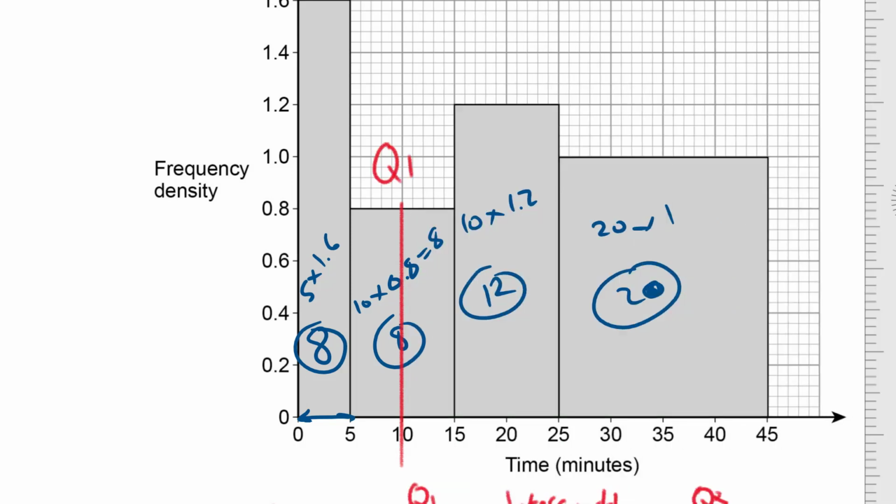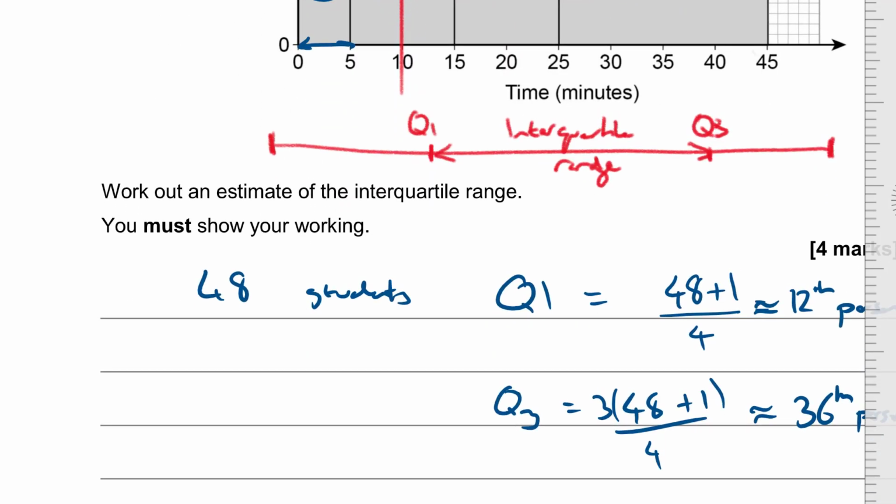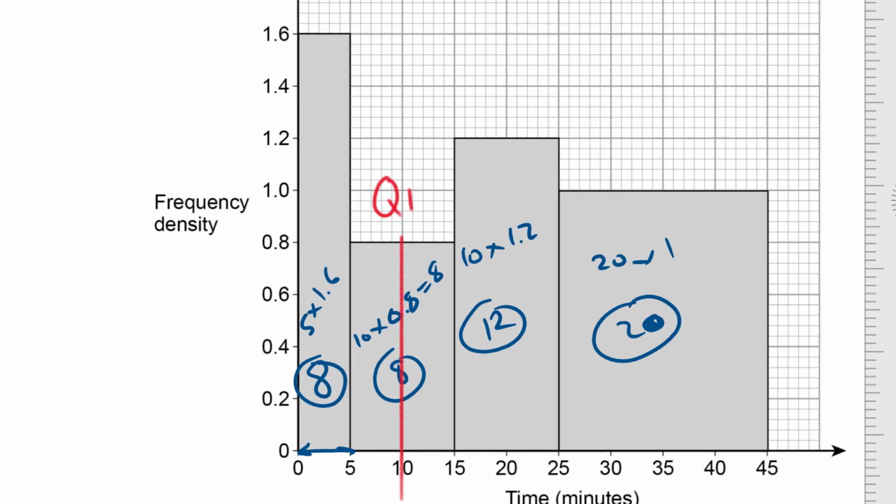Okay, and then my Q3 is my 36th person. So 8, 16, 28. It's going to be in this big fat bar at the end here.